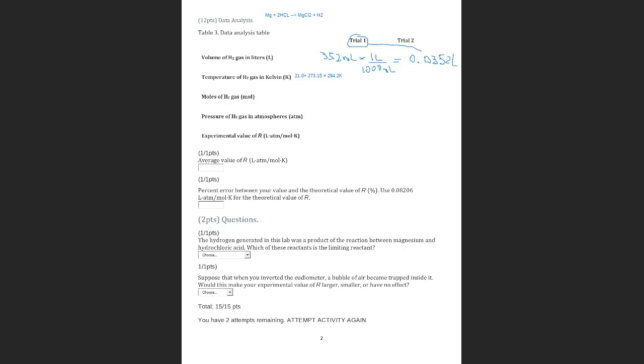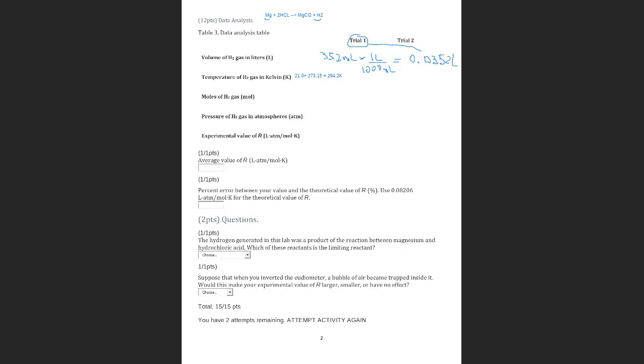So let's look at the stoichiometry of the reaction. 1 mole of magnesium forms 1 mole of hydrogen gas. That means that the number of moles of hydrogen gas equals the number of moles of magnesium.